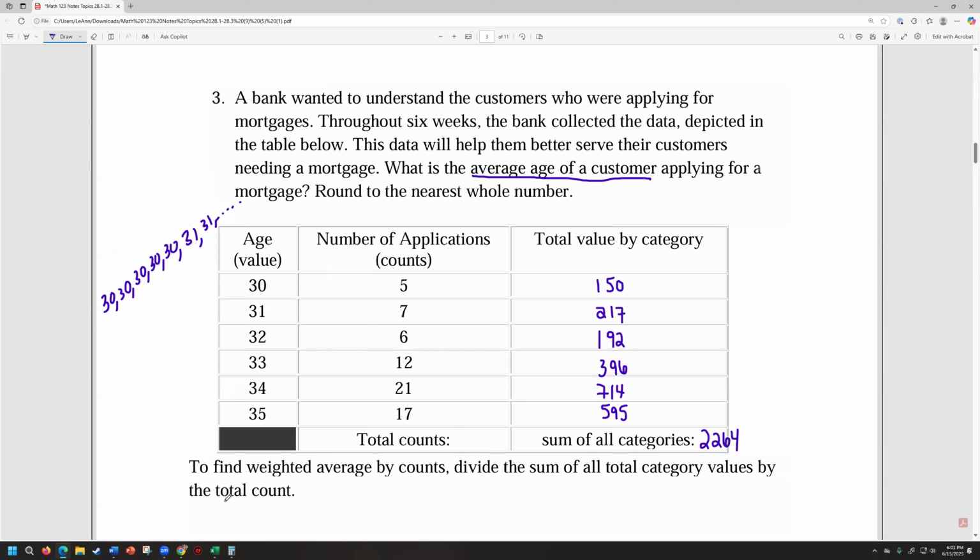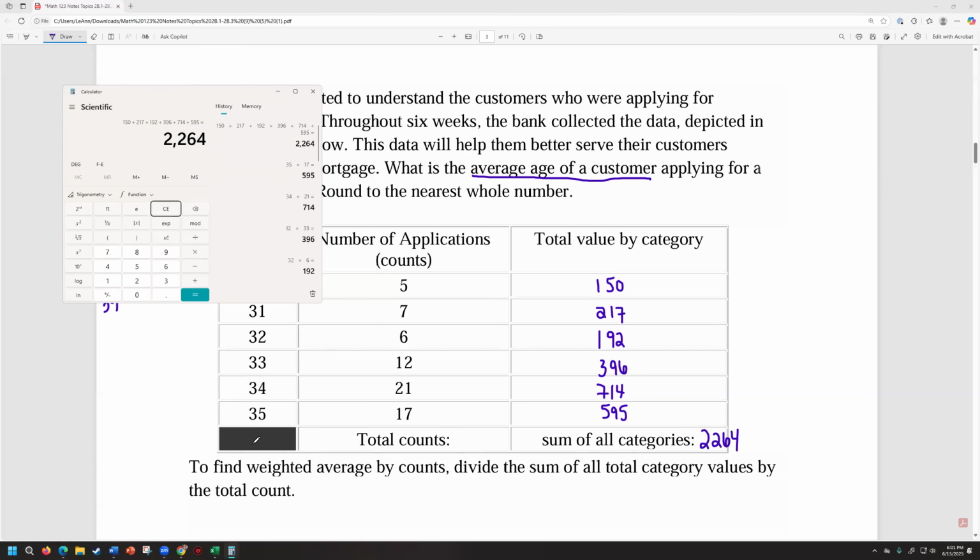Now, we have to know what to divide by. Well, we can't just divide by how many ages we had, because remember, this list is not just one 30-year-old and one 31-year-old. There are repeated 30-year-olds, repeated 31-year-olds, repeated 32-year-olds. So we need to add up the total counts. This tells me how many applicants in total we had for all of these groups.